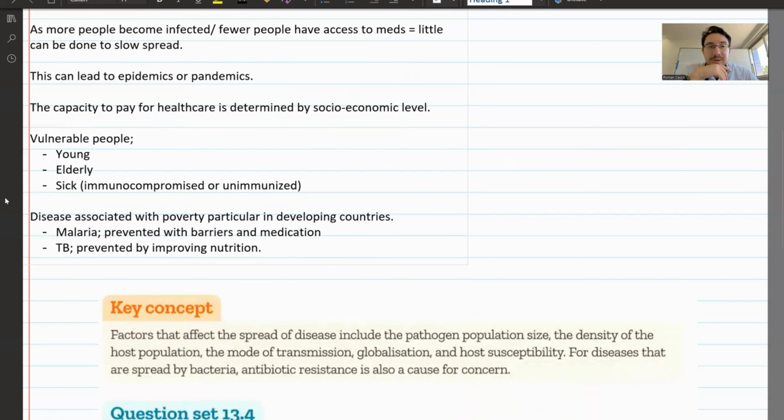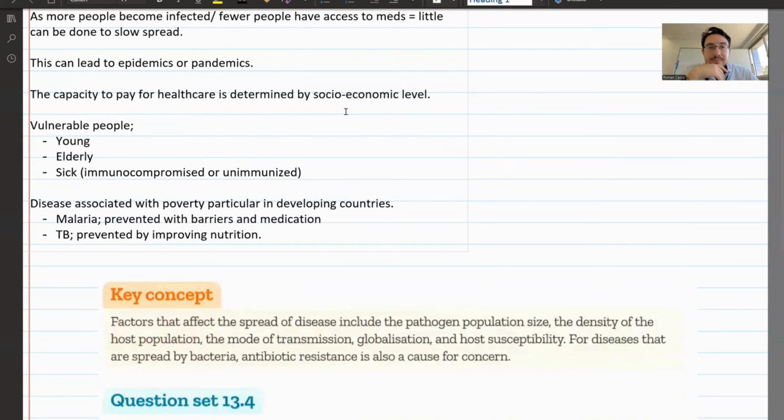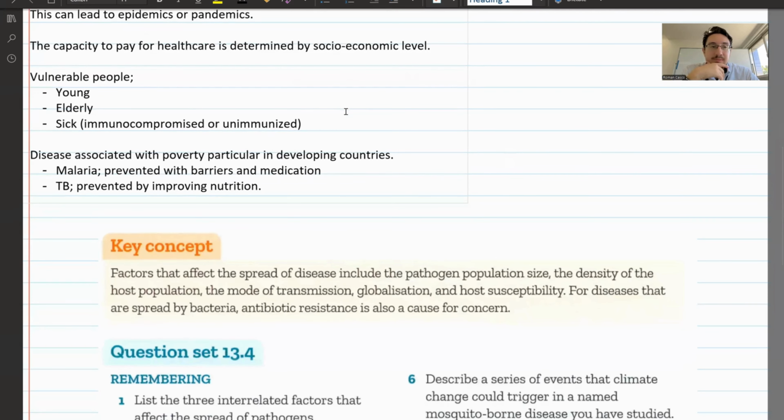The capacity to pay for healthcare is unfortunately determined by socioeconomic status. Who are the most vulnerable people? Relatively young individuals, children, especially if they have low food, low energy, and lack vitamins, nutrients and minerals. They're going to be more susceptible to being infected.